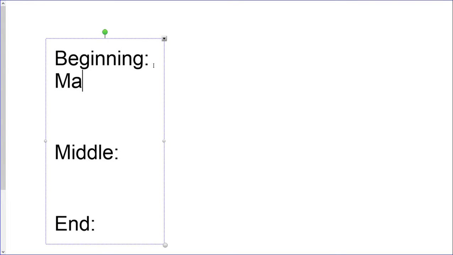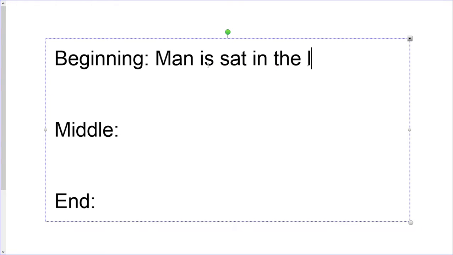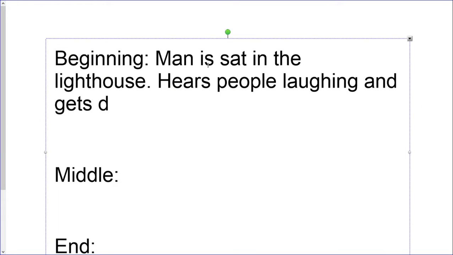So we need to think of what the beginning, the middle and the end was. You need a clear beginning, middle and end. So at the beginning of the story, the man, let's make that a bit bigger, is sat in the lighthouse. Hears people laughing and gets distracted.